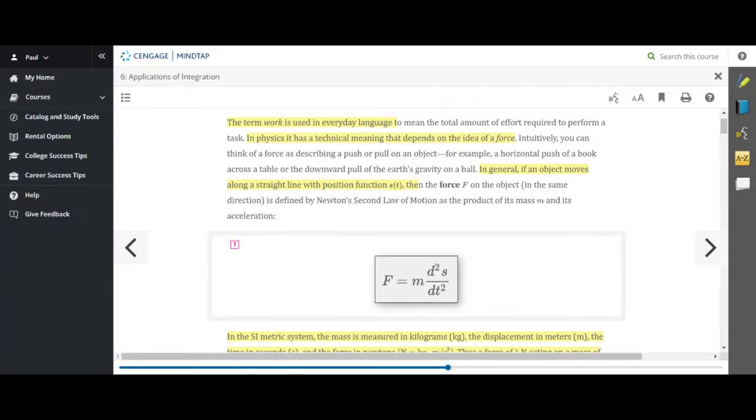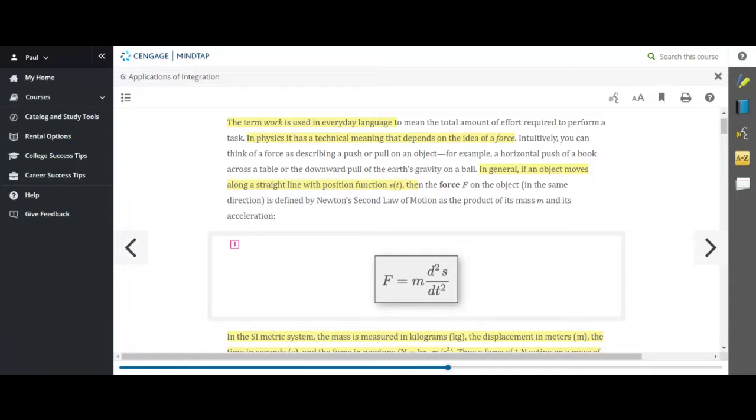Okay, Taj remembers that. And Newton's second law of motion says that force equals mass times acceleration. The derivative of position is equal to velocity, so ds dt is equal to velocity. And the derivative of velocity is equal to acceleration, that's right, Sandia.